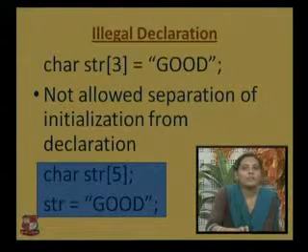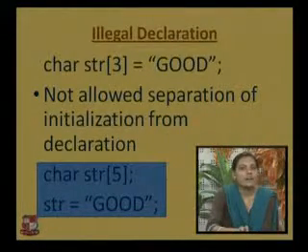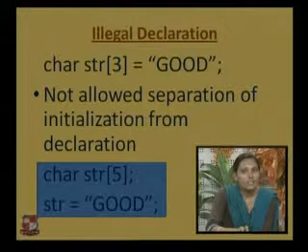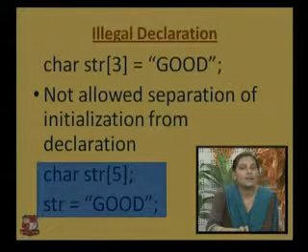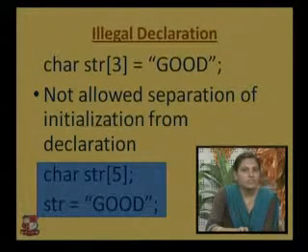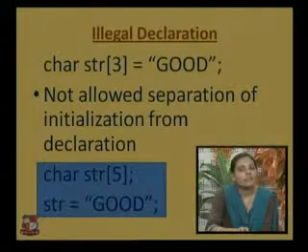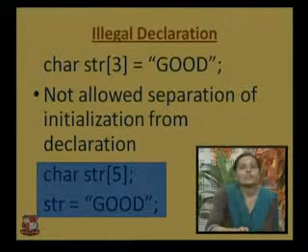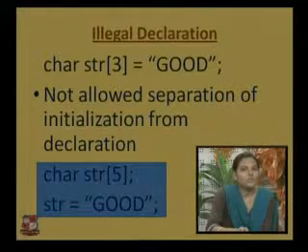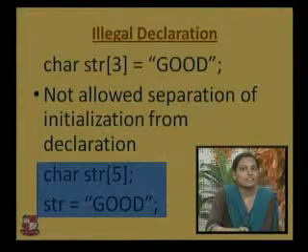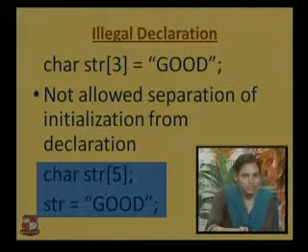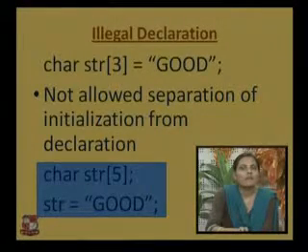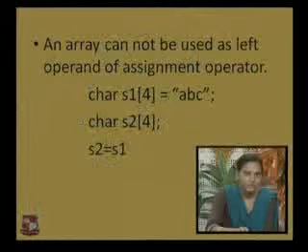Here good cannot be directly assigned to str, because a string can be compared, copied or assigned to another variable only one character at a time. We cannot directly assign one string value to another, or separate it from the initialization. We can do this in the same line: char str5 equal to good is valid, but we cannot separate it from the declaration.